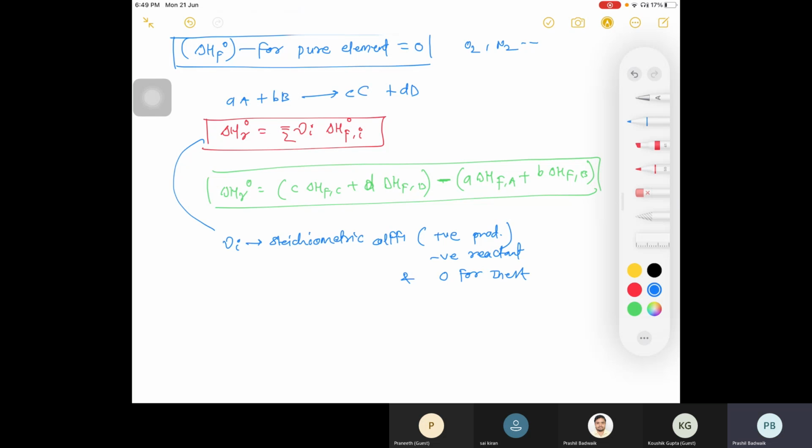And you know this delta HF naught is the enthalpy of formation of that particular compound. Can anybody guess why it is product minus reactant, and not reactant minus product? Any point?